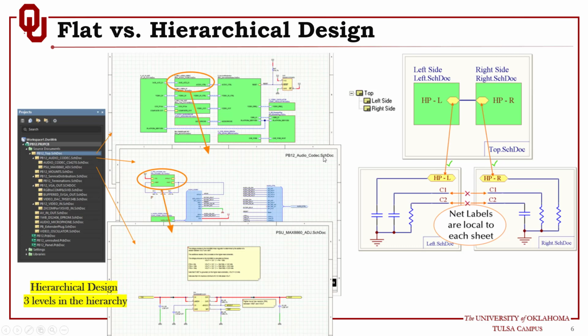So the next type is the hierarchical design or the vertical architecture. And here, as you can see, you will see parent and child types of hierarchy. And in this type of hierarchy, you need to use sheet symbols, as you can see, these are the green ones, to determine the parent-to-child relationship created by the sheet symbols and sheet entries as well.